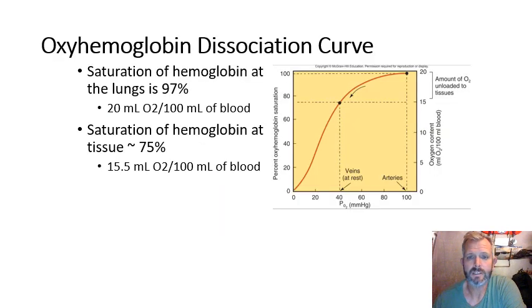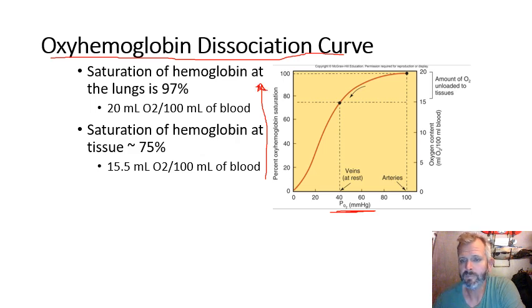And this is what we can see here in this oxygen dissociation curve. If we look here, we have partial pressure of O2. Here is the percent oxyhemoglobin saturation, how much of hemoglobin is bound to oxygen. What was our oxygen content?